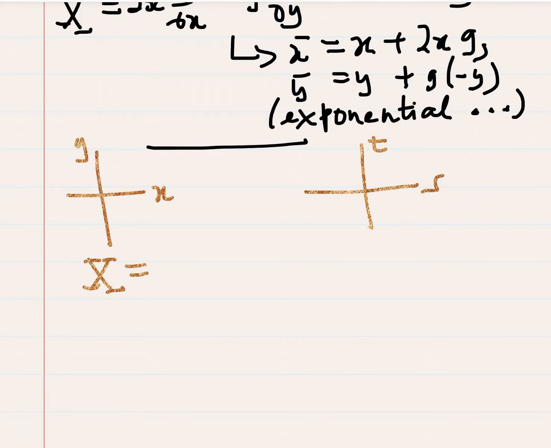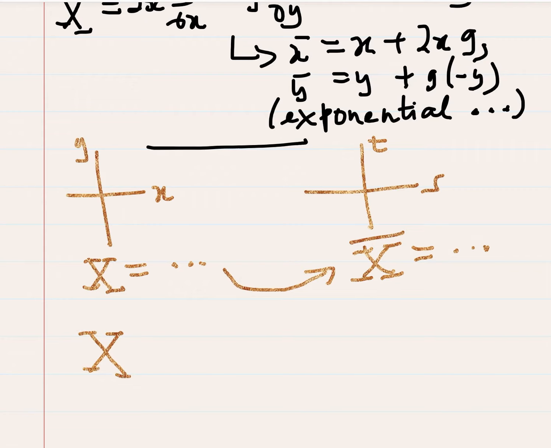This will be xi d by dx plus eta d by dy, and on this side your vector field will be, say, X bar. So we can transform a set of coordinates xy to st by looking at the transformation of the vector fields.